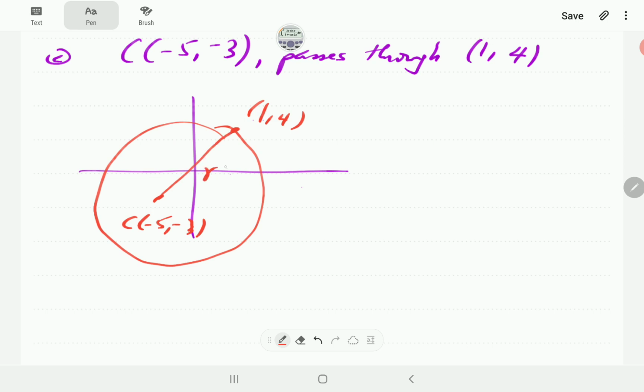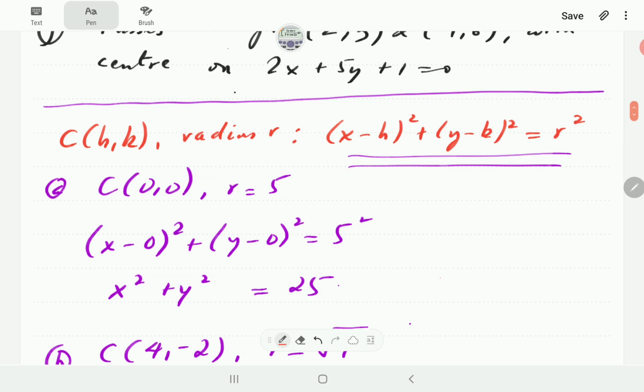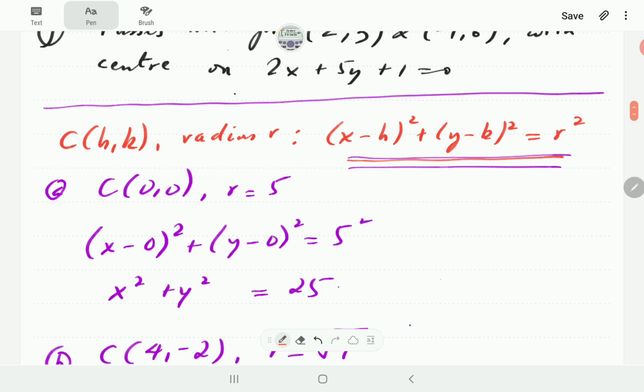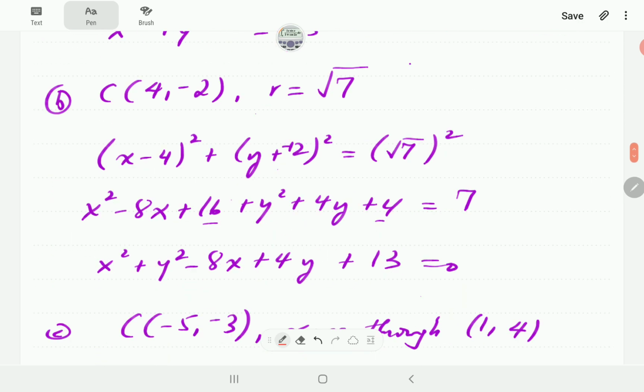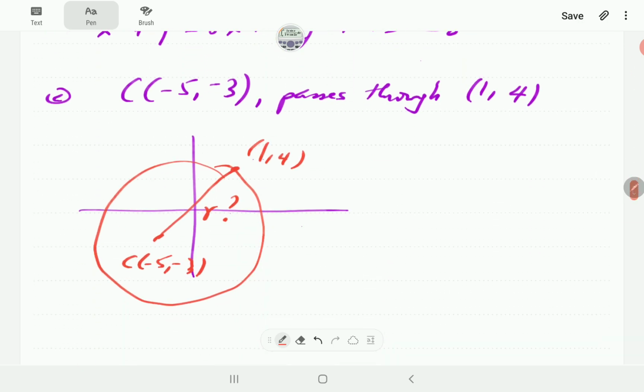So the thing we need to find is the radius, because h and k, as far as this is concerned, is sorted. And in fact, we don't want r, we just want r squared. So that's what we're going to do. So r squared is simply going to be 1 minus negative 5 all squared, and then 4 minus negative 3 all squared.